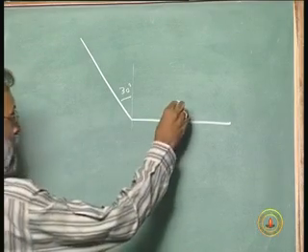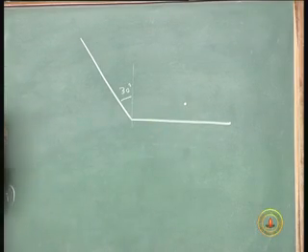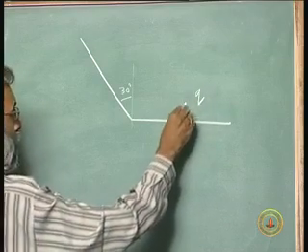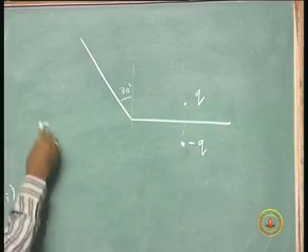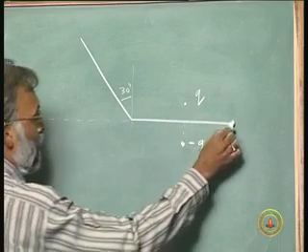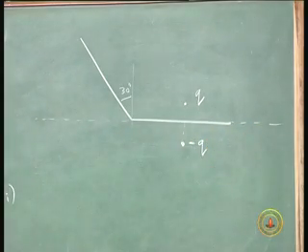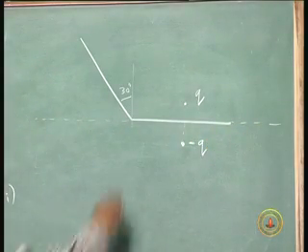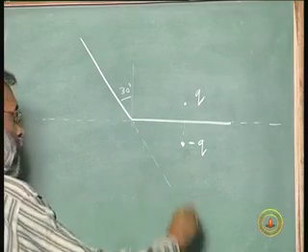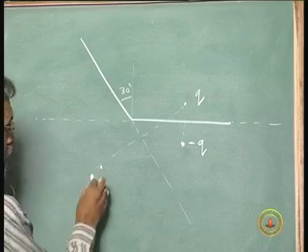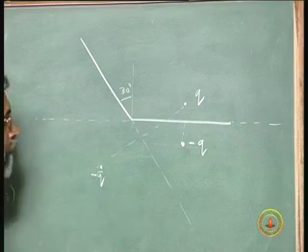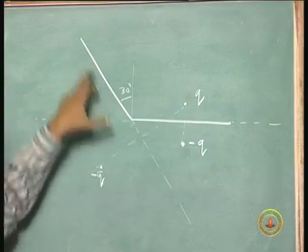Now, I put a charge here q, I get a charge minus q here. That makes this plate grounded. Now, I put a charge here which is minus q to make this plate grounded.